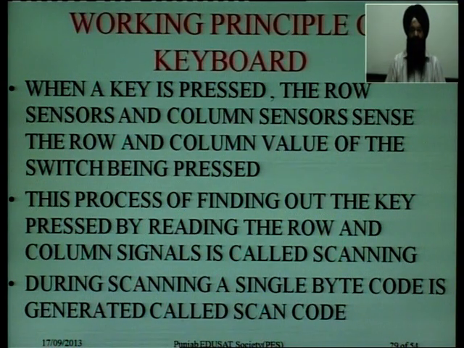This process of finding out the key pressed by reading the row and column signals is called scanning. And during scanning, a single byte code, that is an 8-bit code, is generated, which is called the scan code.